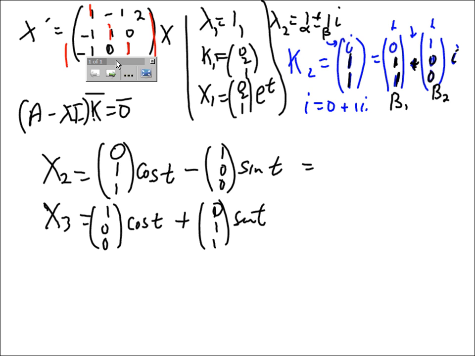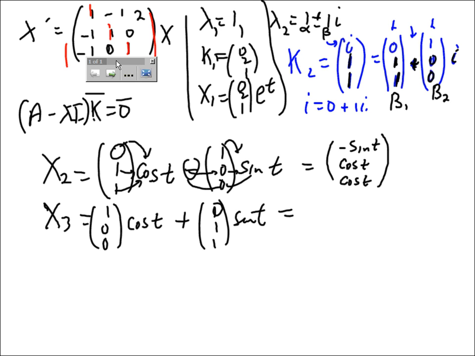So this is really equal to 0 cosine t minus sine t, which is minus sine t. 1 cosine t minus 0 sine t, I won't write that. Plus 1 cosine t minus 0 sine t, I won't write that. Same thing with the bottom.